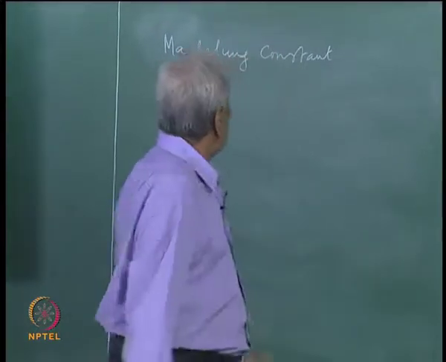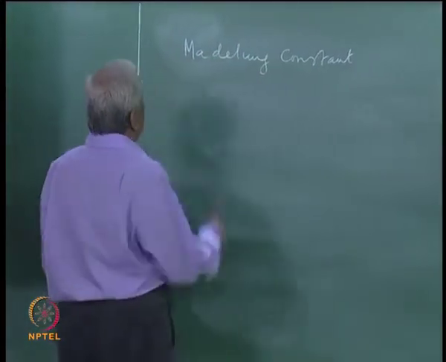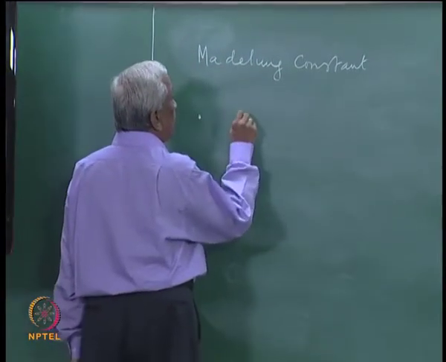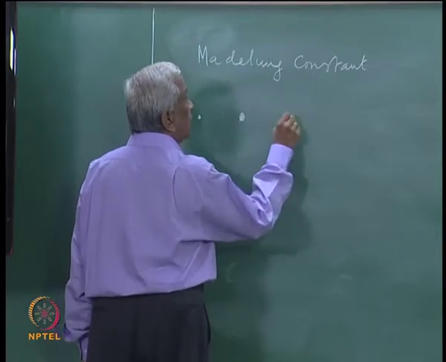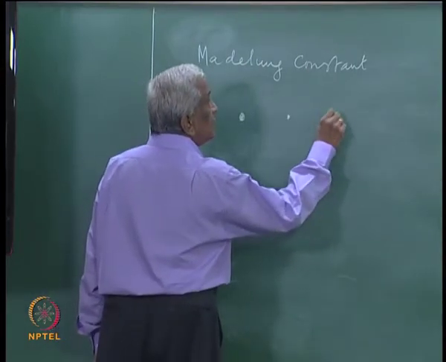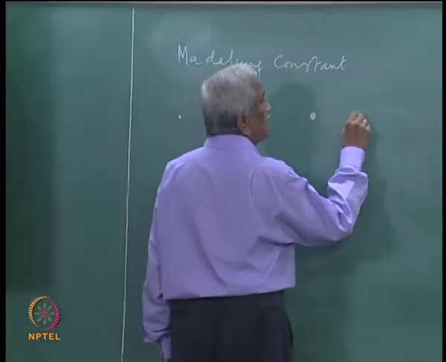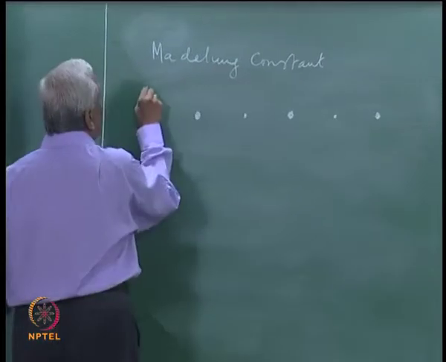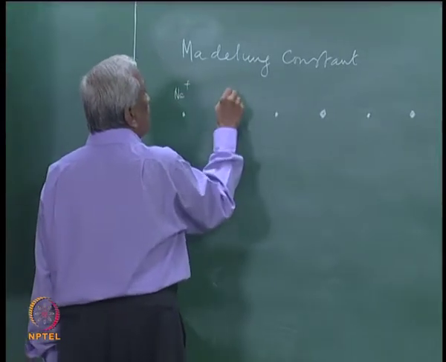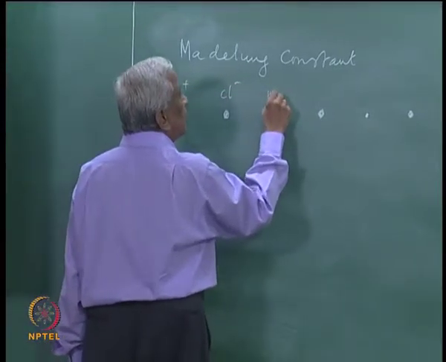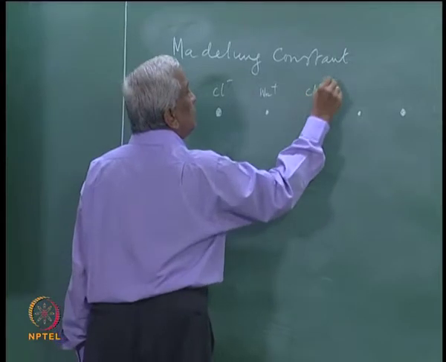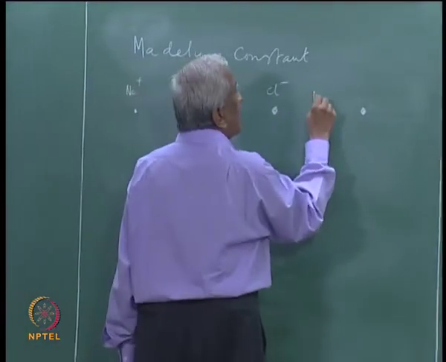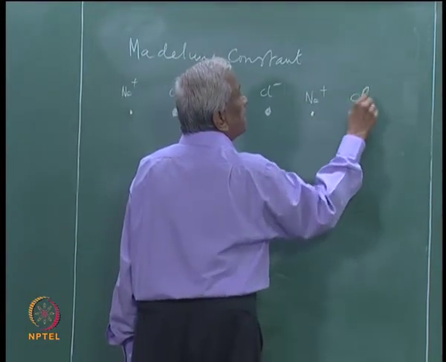So, you have positive and negative ions in a linear ionic lattice such as this, for example, sodium and chlorine: Na plus, Cl minus, Na plus, Cl minus, Na plus, Cl minus.